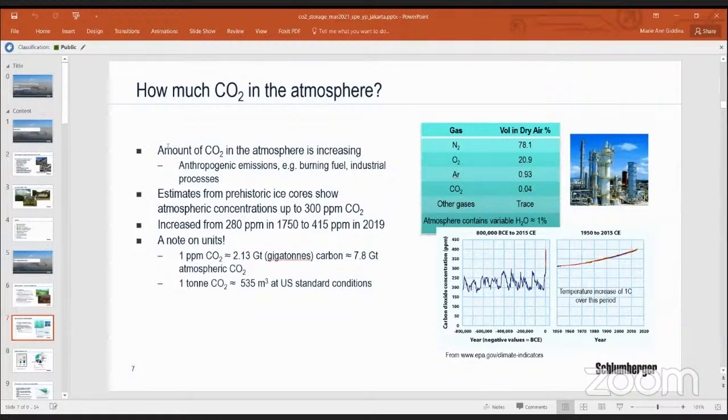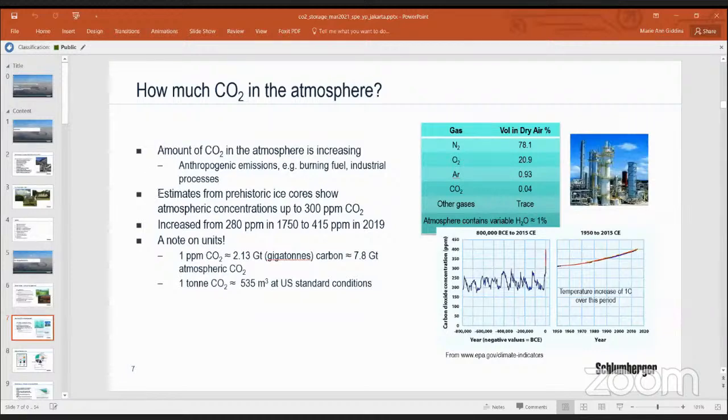But as I mentioned, the issue is with the greenhouse gas impact due to radiation. And also the amount of CO2 is increasing. So emissions from things like fuel burning, industrial processes, they're called anthropogenic emissions, and they're leading to an increase in the amount of CO2 in the atmosphere.